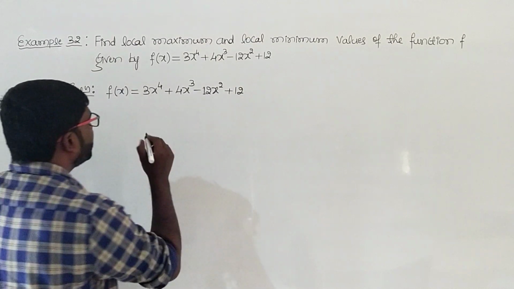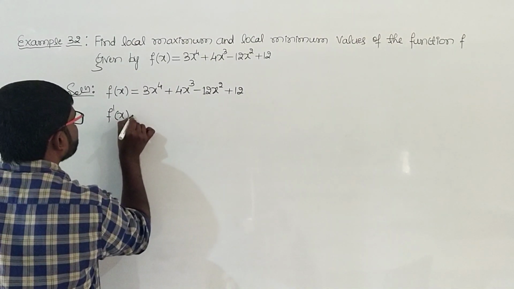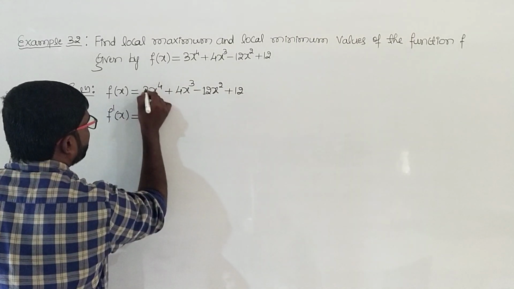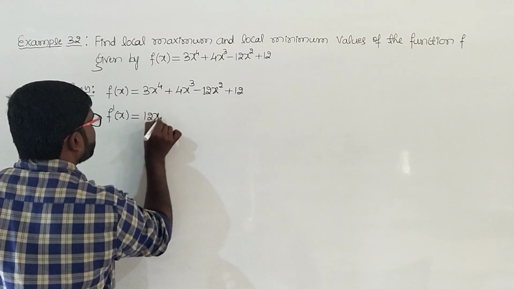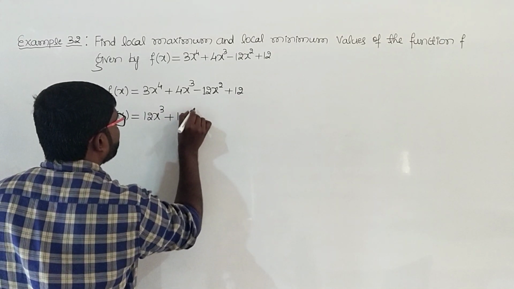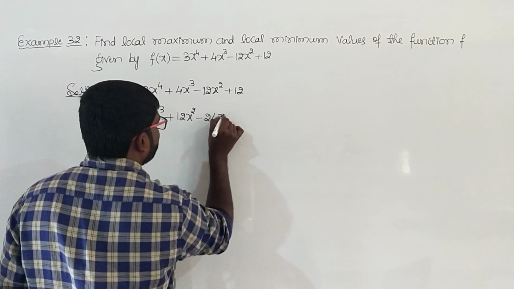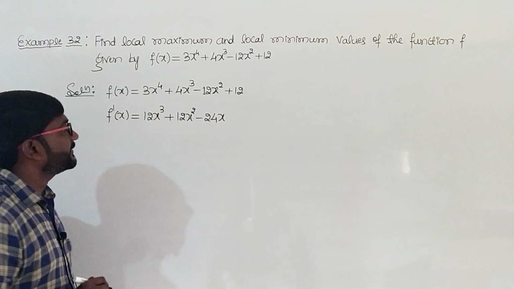So now I'll go for differentiating both the sides. So you get f dash of x, which is equals to 4 into 3 is 12 x cube and then plus 12x square and then minus 24x. This is the first derivative.